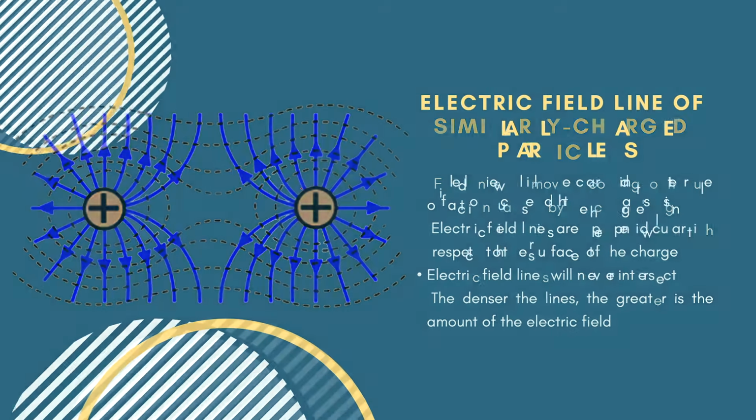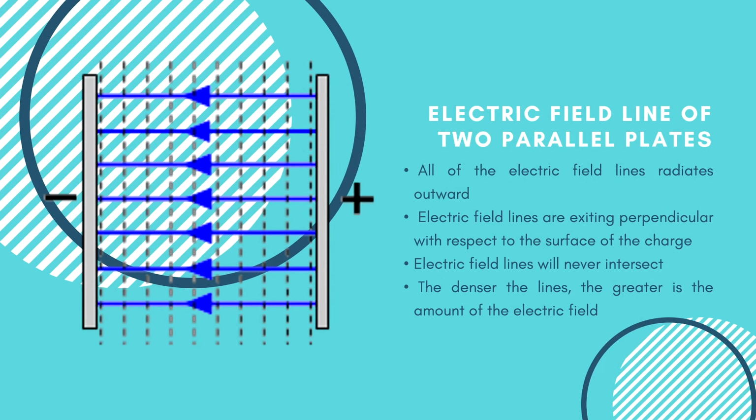Then lastly, a special case. This will be very crucial to your understanding as we are going to utilize it more later in this lecture series. So parallel plates, sometimes called capacitive plates. This is what we call a uniform electric field.